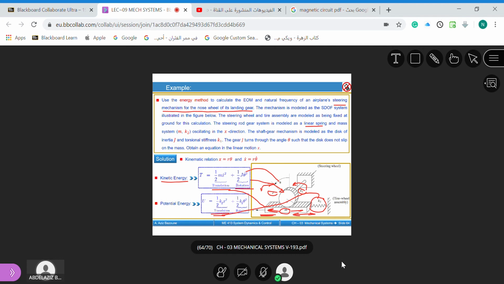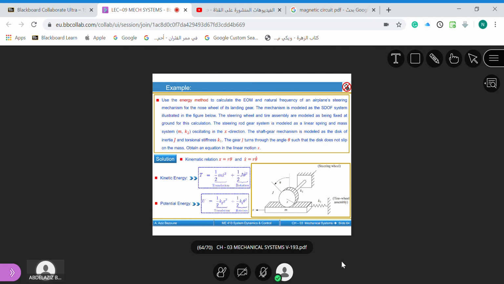So these are the kinetic energy and the potential energy, or the strain energy. We add these two energies together.